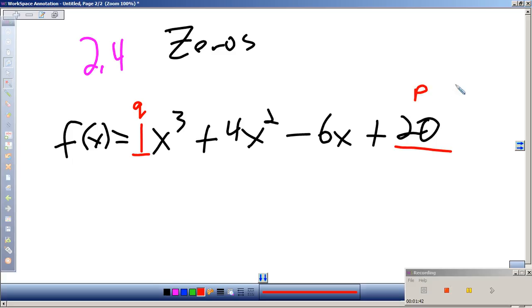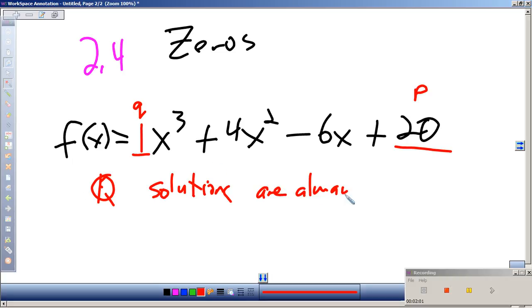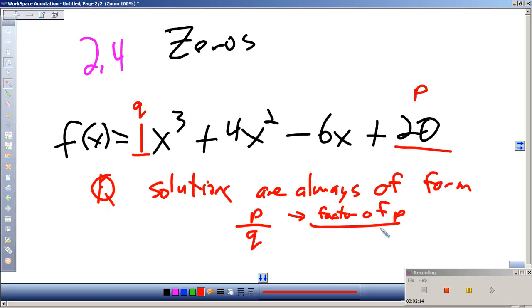Does this seem familiar? Like algebra 2 something? Okay, so rational solutions, remember, this is a symbol for rational, are always of form P over Q. So we're not just saying the number P, any factor of P over any factor of Q. So what are all the numbers that go into 20?